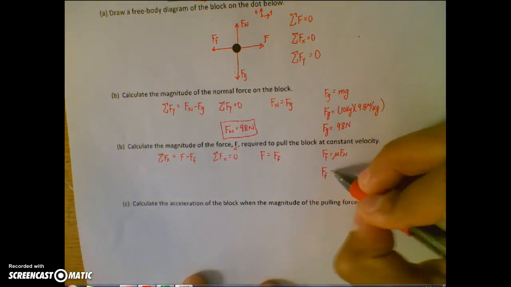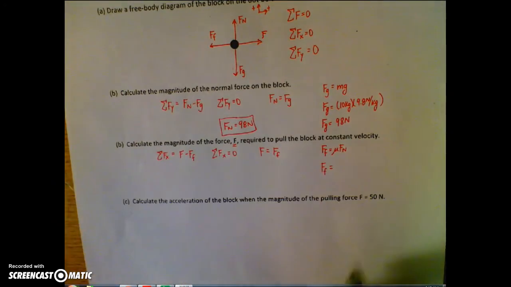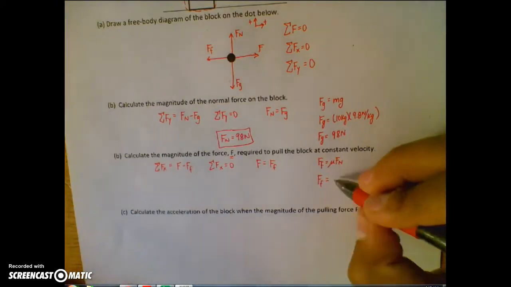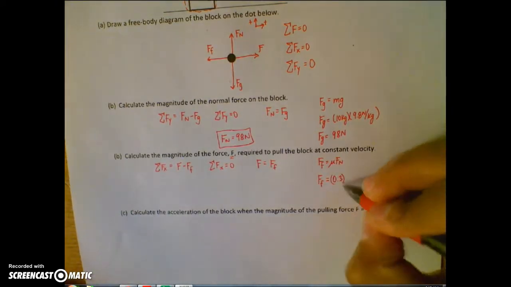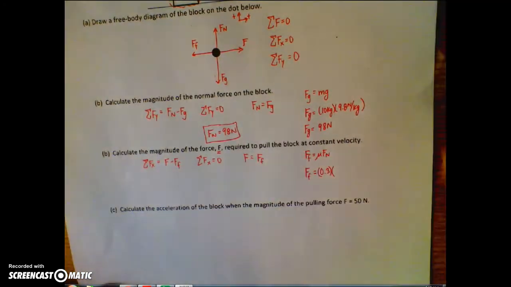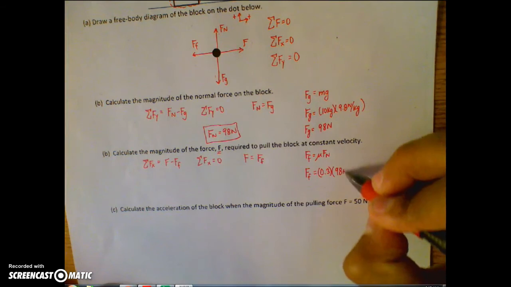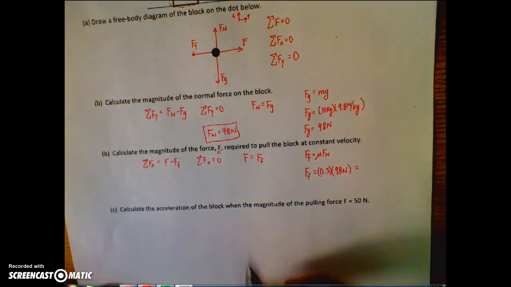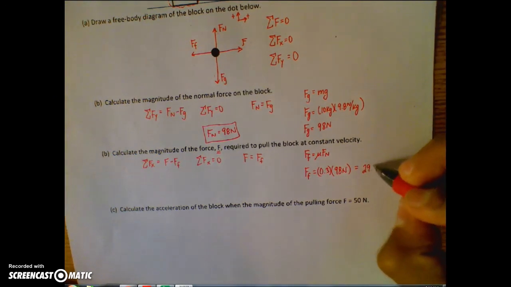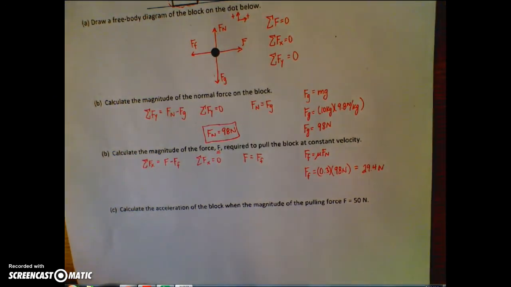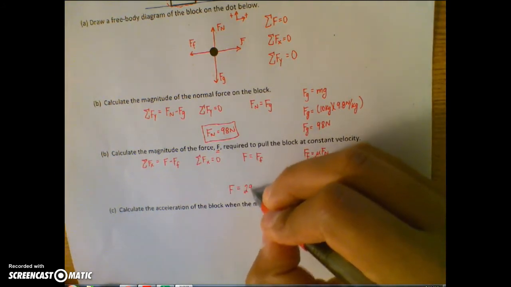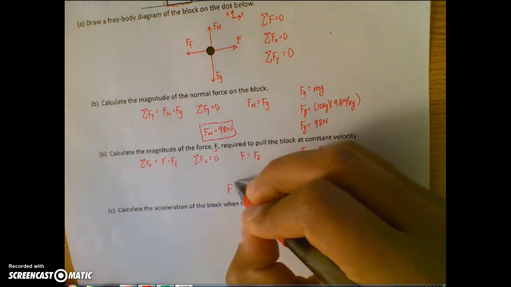So our frictional force then is our coefficient of friction, which we saw at the top was 0.3, times our normal force, which we just calculated in the last part of the problem, 98 newtons, which means our frictional force is equal to 29.4 newtons, which means that the force applied to this object is 29.4 newtons.